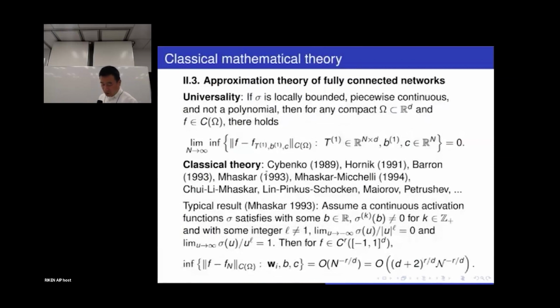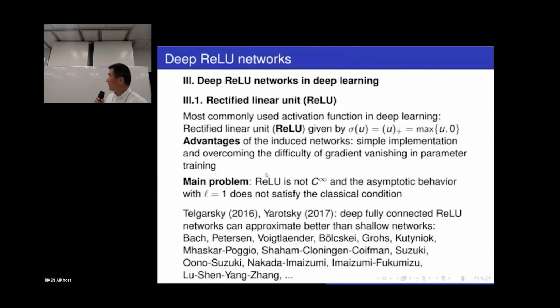So we usually require that the activation function is C infinity, and that all its derivatives do not vanish at a point. So the ReLU is different from the classical sigmoid type activation function, but still it has very nice approximation properties.